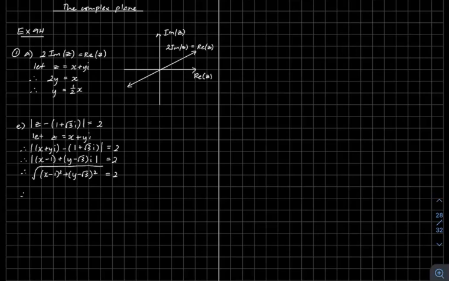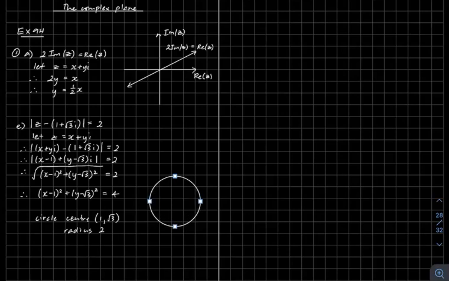If we square both sides, that gets rid of the square root on the left-hand side, and what we have there is hopefully an equation that looks pretty familiar. That's a circle, center at 1, root 3, and radius of 2. So let's have a go at sketching that one.